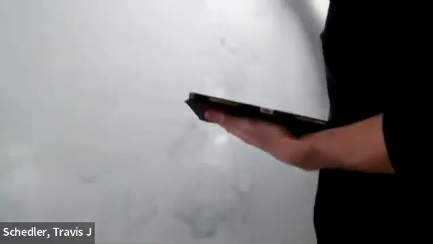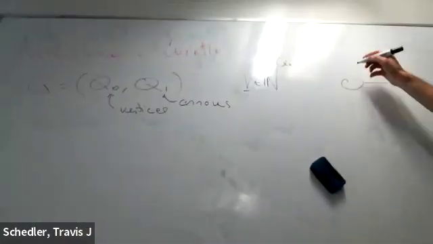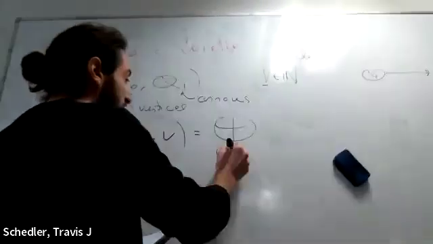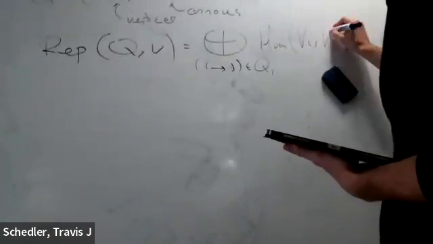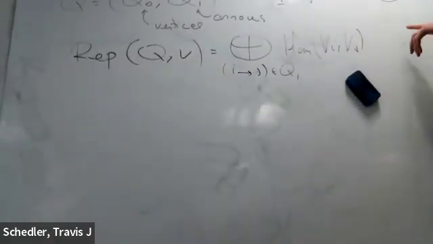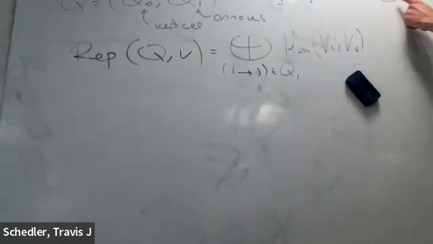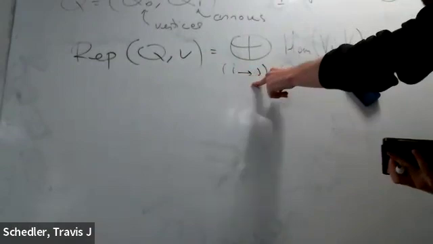Then, in order to define the representation, we have to fix a dimension vector, which is an element of N^{Q_0}. The representation of Q of dimension v is defined like this: for any arrow i to j in Q_1, I take a linear map, a homomorphism from V_i to V_j, so the arrow goes from the vertex i to the vertex j.